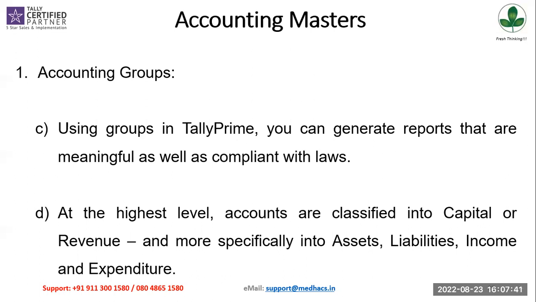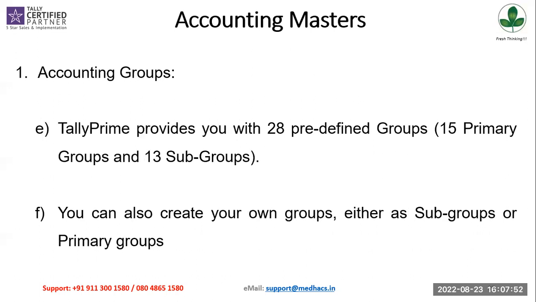So the whole accounting and reporting is based on these 4 classifications, and the group is also classified under these 4 classifications. As I told you, there are around 15 primary groups and 13 subgroups. And as a user, if you need any more groups based on your reporting purpose, you could create your own groups and your own subgroups.